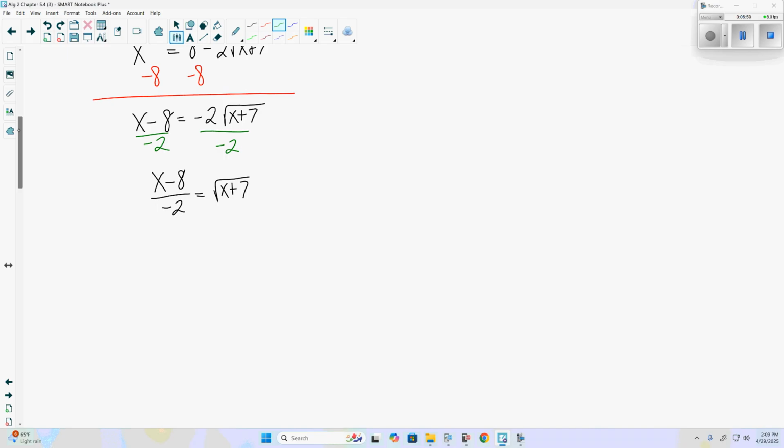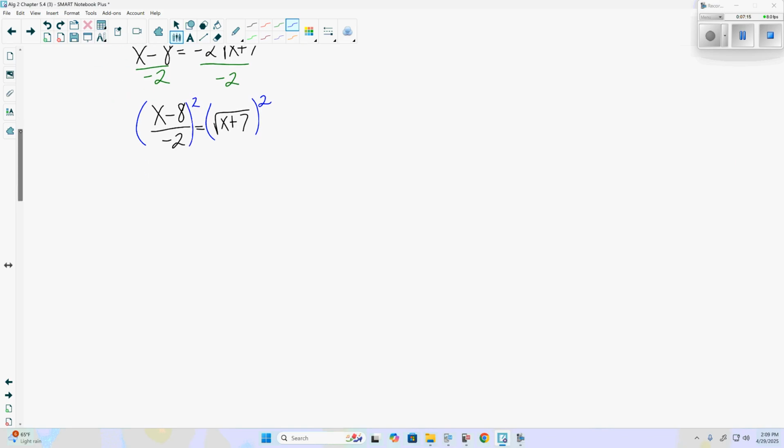So questions on this here before we start our next step. So we got the radical by itself, yes? So now we're going to put both sides to the nth power. Our nth power in this case is 2.